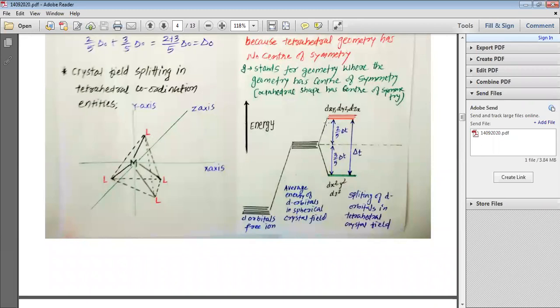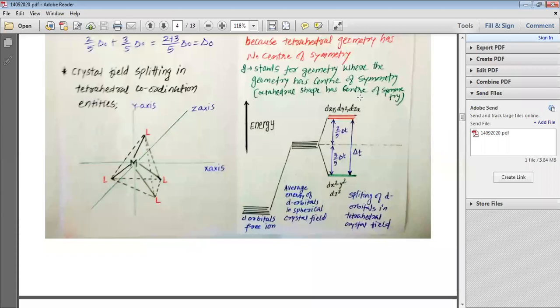Due to the attack of ligand from in between the axes, the orbitals which are on the axis, that is dx square minus y square and dz square, have their energy decreased, and the orbitals in between the axes like dxy, dyz and dzx have their energy increased. The orbitals whose energy has been increased are known as T2, and those whose energy has been decreased are known as E.